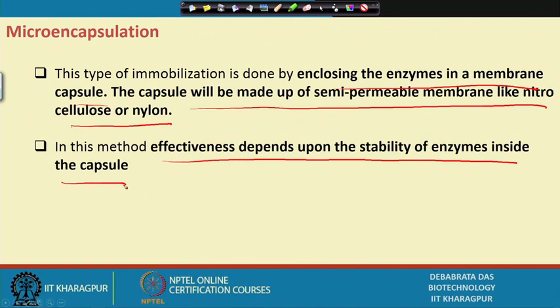So the capsule, that envelope, should be stable. If it is not stable, then it breaks, and the enzyme comes out or disintegrates. So the stability of this capsule is very important.